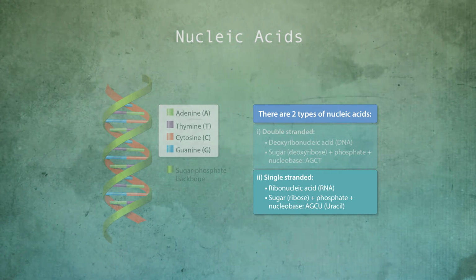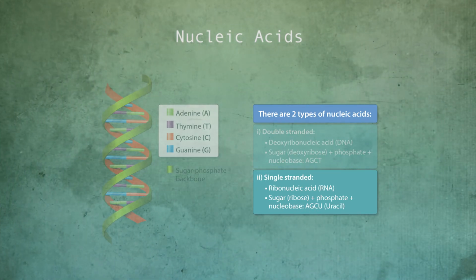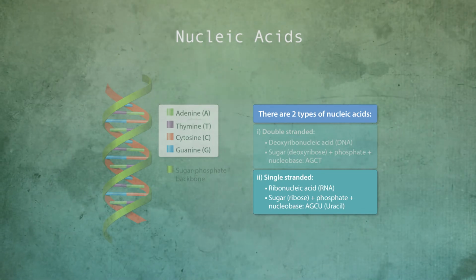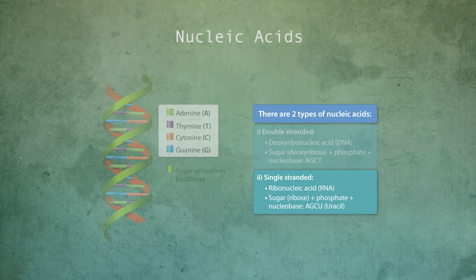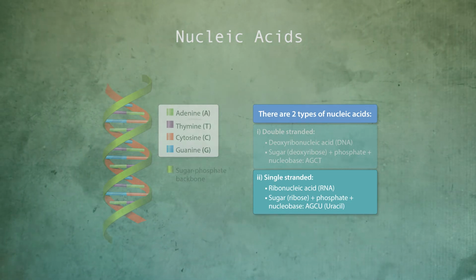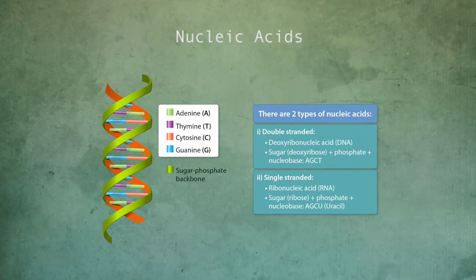RNA is ribonucleic acid, which is single-stranded, with the sugar ribose and nucleobases A, G, C, and U. And U is for uracil.